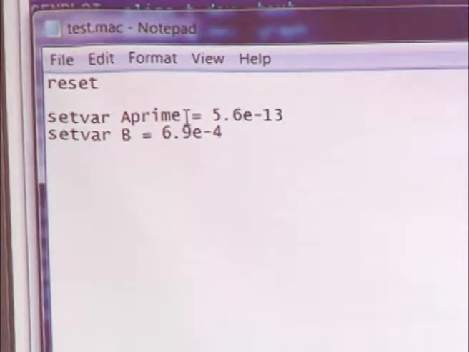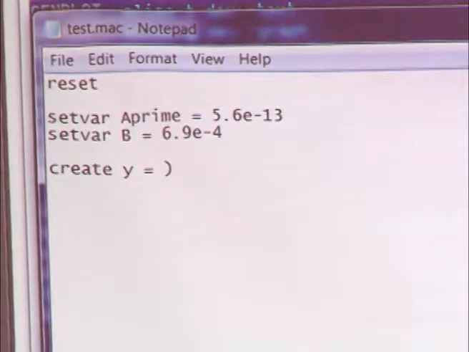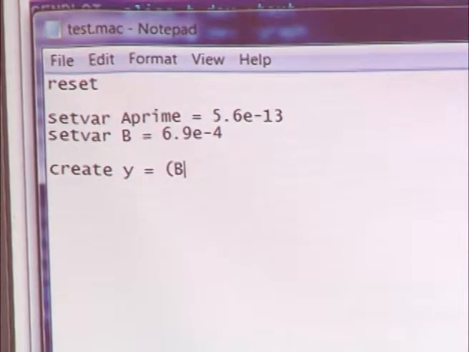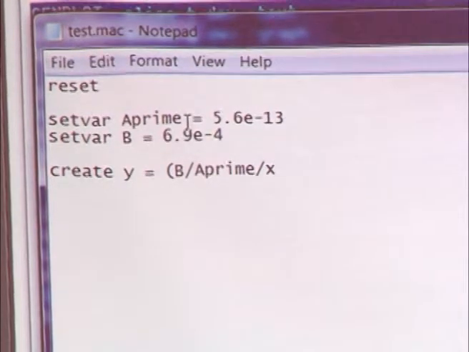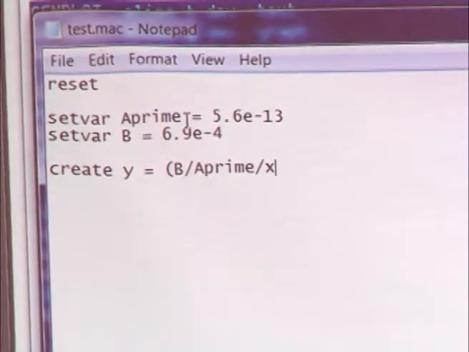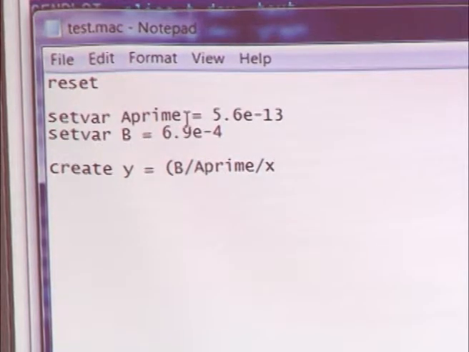So then all I need to do is create a matrix of y that is equal to B divided by A prime divided by... What? Because I didn't need to make it a B prime because the flow law had A in it, right? I just made the prime so there weren't two A's.